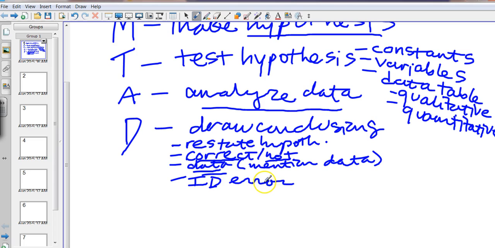That's an error, because you want to have as many constants as possible. Okay, so maybe it's all of you observing. Okay, that would be fine. But when you're having different people observe each time, that could be a source of error, because not everybody has the same observation skills. And really, an error all the time is human error.